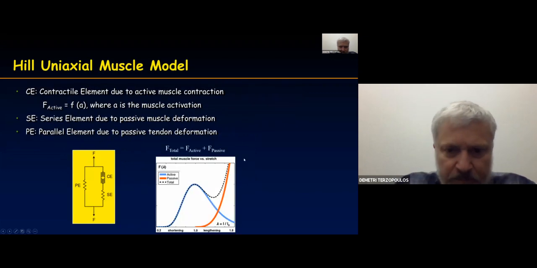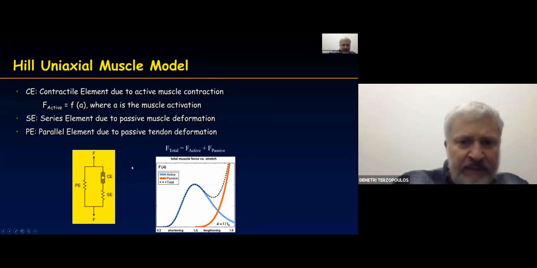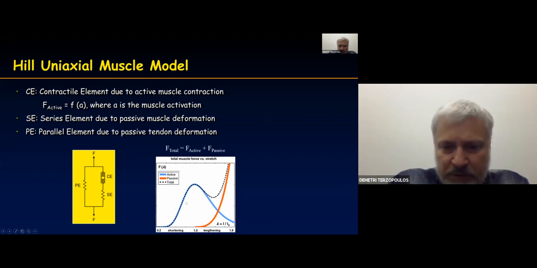Okay, so the total force that the muscle produces is the active part, the active contraction, plus the passive elasticity of the muscle from the series and parallel elements. That's the total force here. For example, this is given in terms of lambda, the ratio of the muscle's actual length to its natural length, l0.